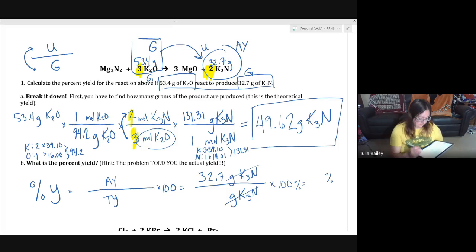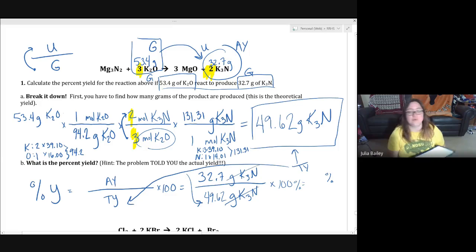That number that we just found is our theoretical yield. So you theoretically could, if everything went perfectly, make 49.62 grams of this product K3N. And that theoretical yield should be going on the bottom of your fraction for your formula for percent yield.